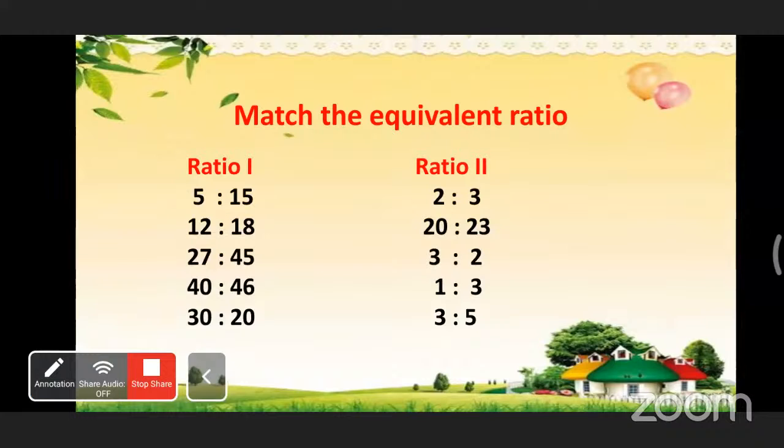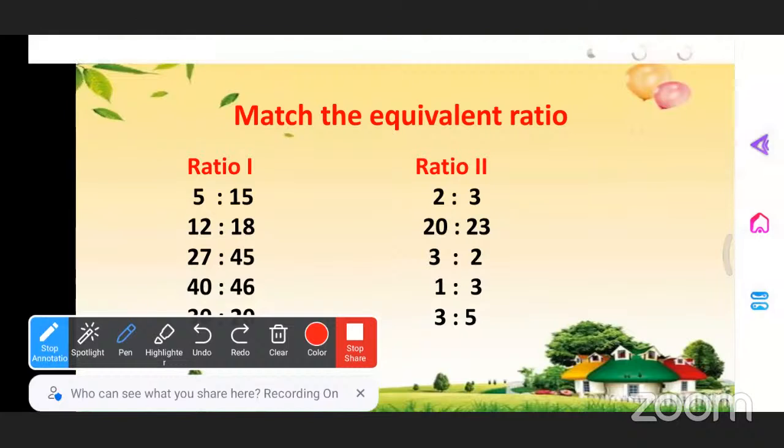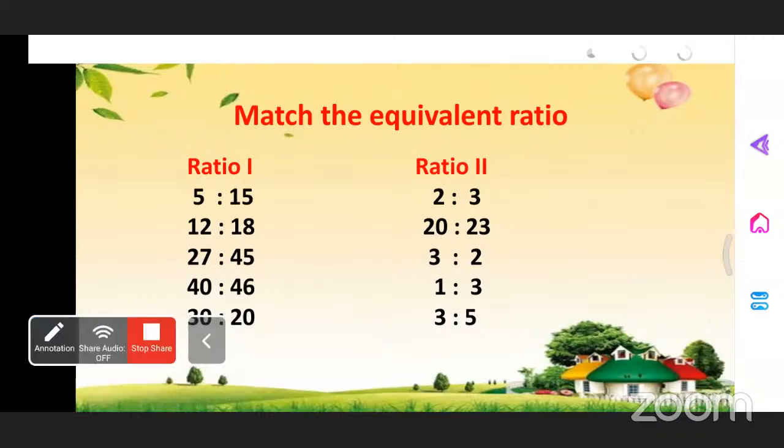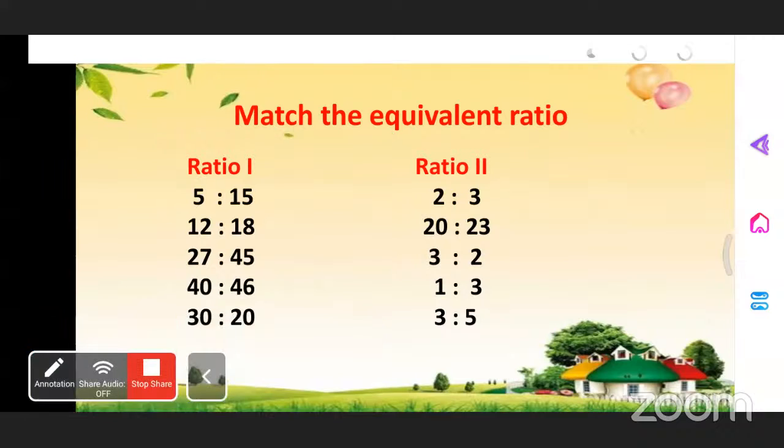Next, match the equivalent ratio. Here I give two columns. First one is ratio 1 and ratio 2. This is the simplest form of the first ratio. Now you can match the ratios. Who is willing to solve this problem? Ma'am, I found the first one.